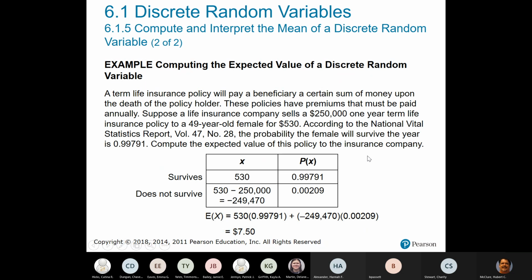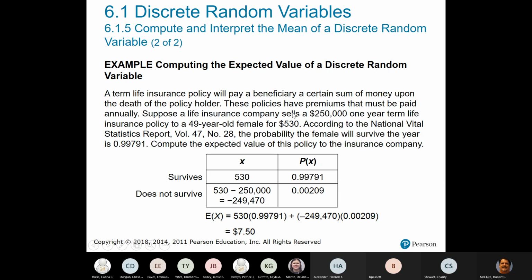Here's an example. A term life insurance policy will pay a beneficiary a certain sum of money upon the death of a policyholder. That's the way it goes. These policies have premium payments that must be paid annually.